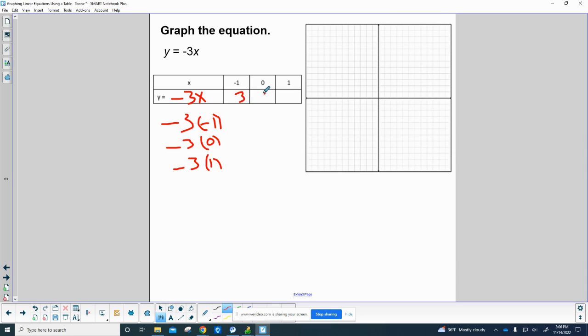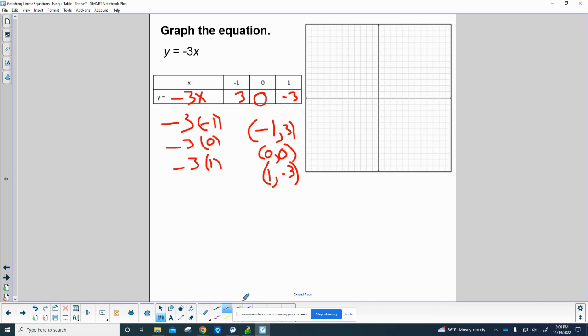Negative 3 times 0 is 0. Negative 3 times 1 is negative 3. So there's our 3 ordered pairs. Let's write them out. Negative 1 and 3. 0, comma 0. And 1, comma negative 3.